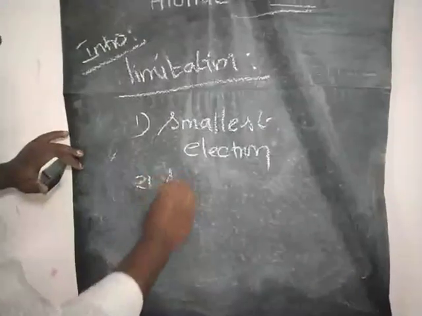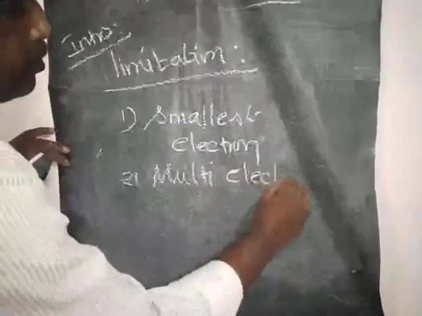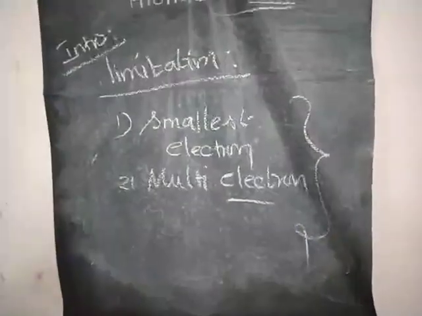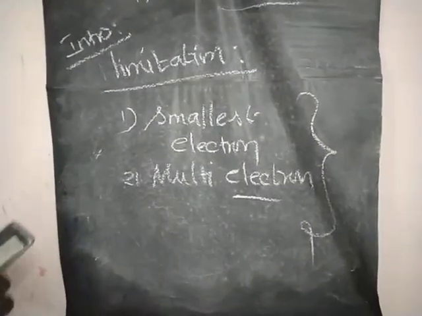He didn't explain the multi-electron concept. These are the limitations of Bohr's atomic model.